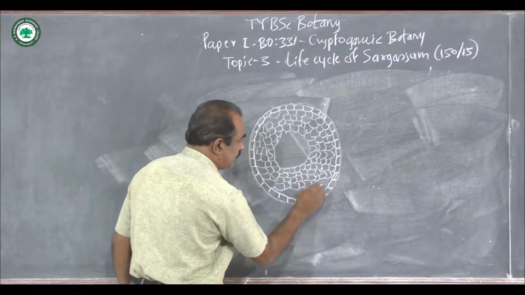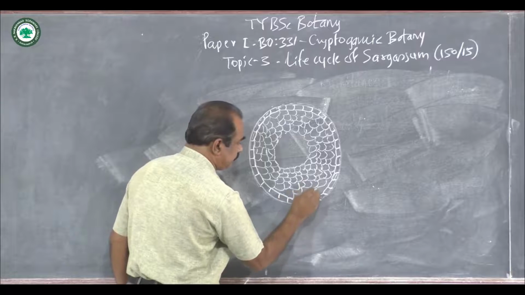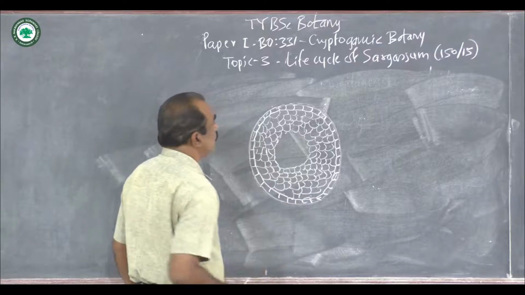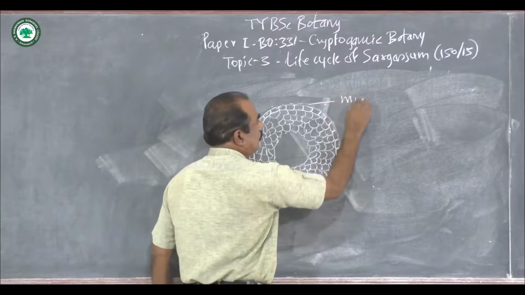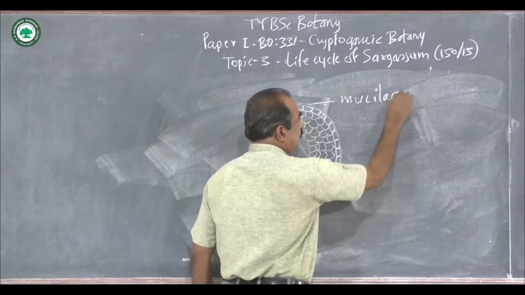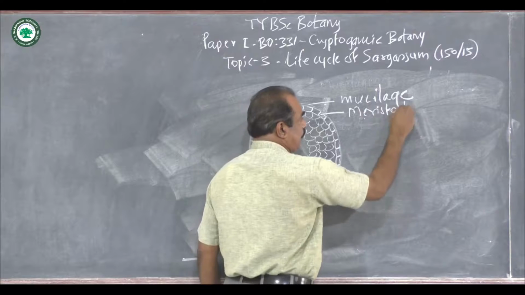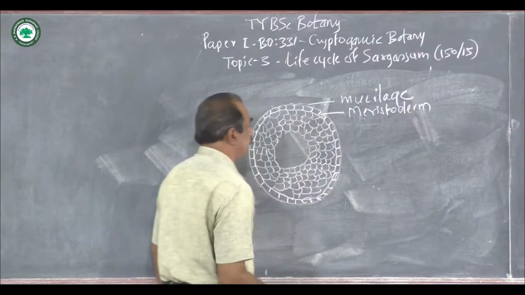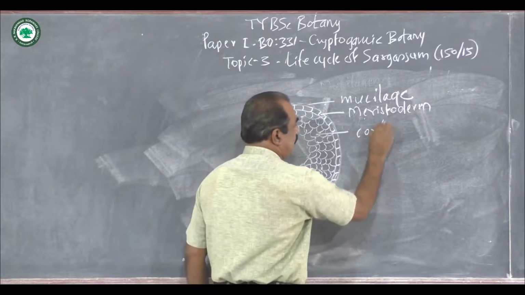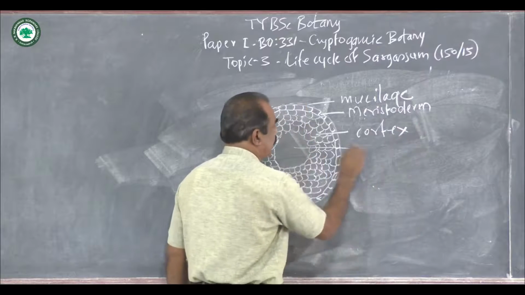This is the cortex of the air bladder. So this is the mucilage, Meristoderm, cortex, air cavity.